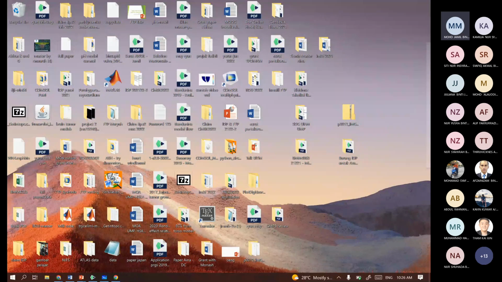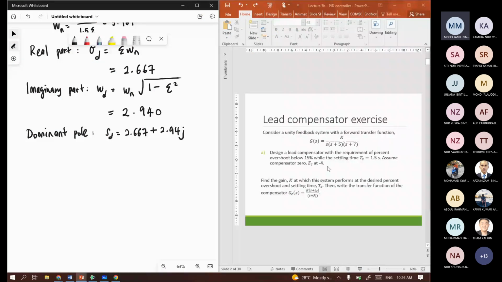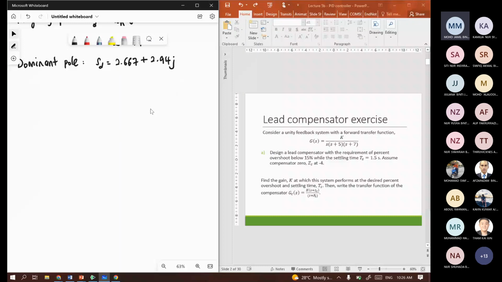And then we can determine the compensator pole by finding the angles for each of the poles in G(s) from this dominant pole. So maybe it's better if you can sketch the location of all of the poles.